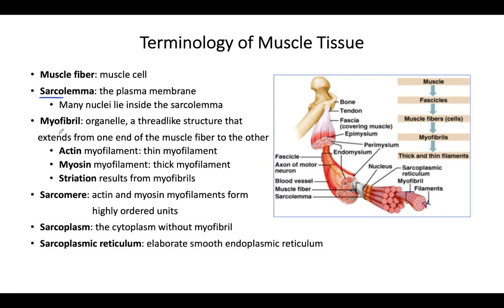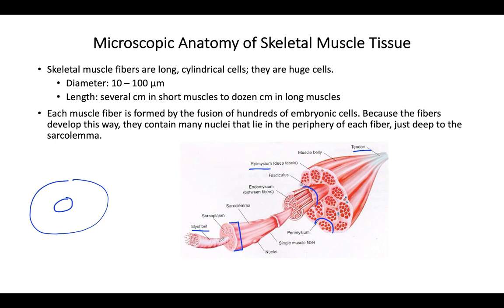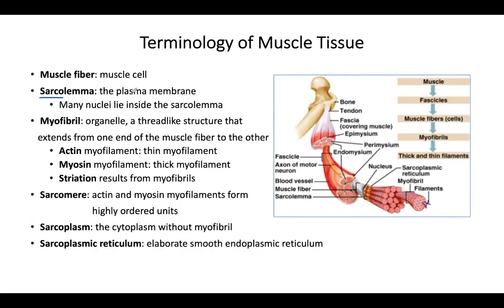Myofibril, I mentioned, is like a stick-like structure. This myofibril is an organelle. It is a thread-like or stick-like structure that extends from one end of the muscle fiber to the other end. The components of myofibrils are actin myofilament and myosin myofilament. Actin myofilament is called thin myofilament or thin filament.